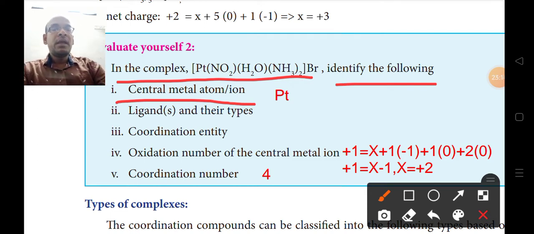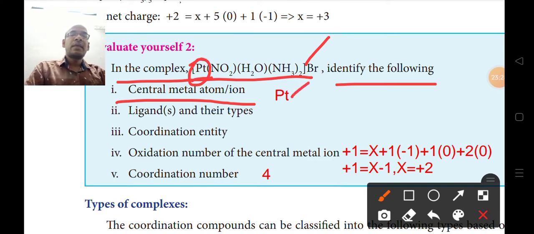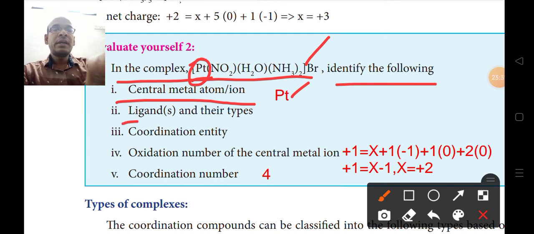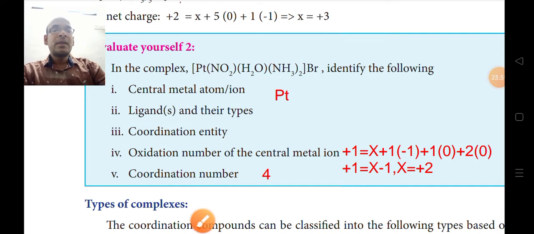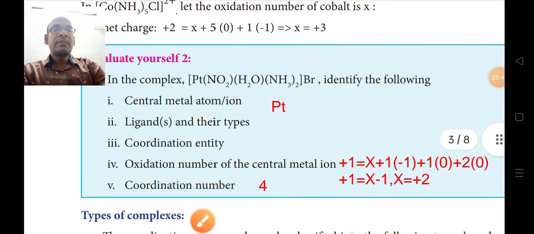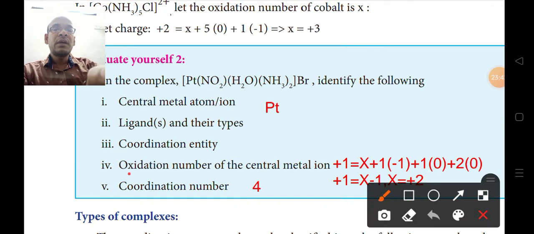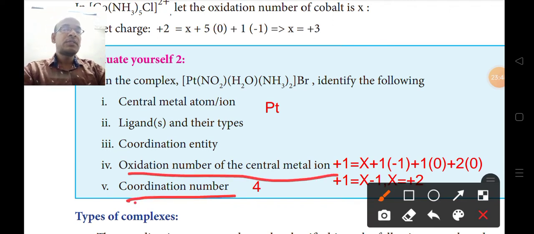The central metal ion in the square bracket area, the first part, this Pt, is called the central metal atom. Second question, ligands and their types. Third question, coordination entity. Then oxidation number of the central metal ion and coordination number. Now see the answer for this question.